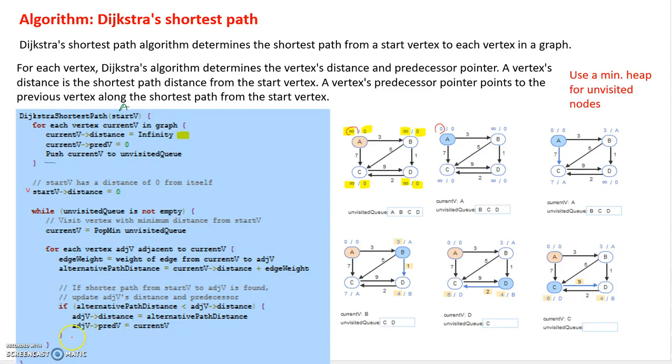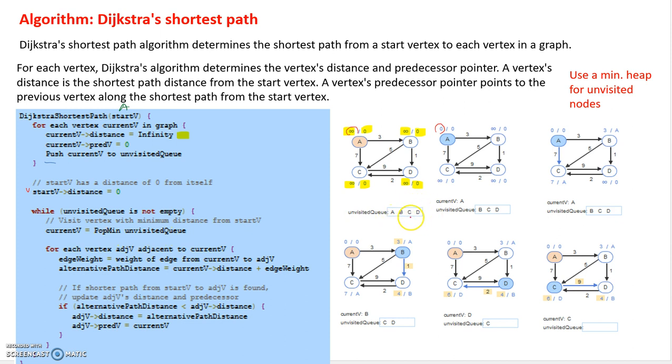After that, you get into the while loop, and the rest of the algorithm works in this while loop. While the unvisited queue is not empty, and it is not empty, there are 4 nodes in there, the current vertex is equal to pop minimum from this unvisited queue.